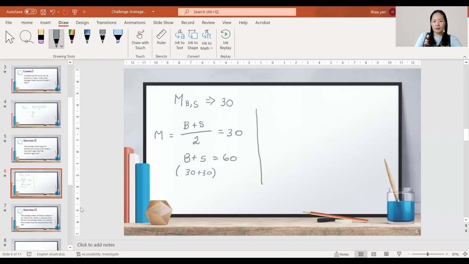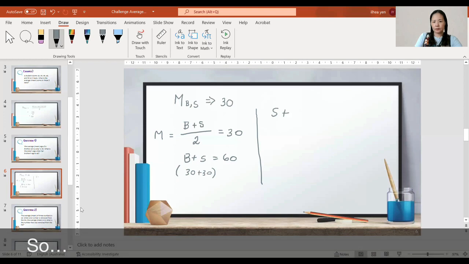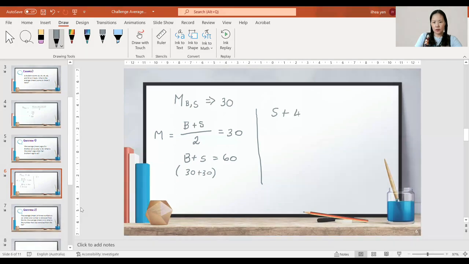So now I need to find the sister's age when brother is 40. Now you have to remember the average does not change. It'll be still 30. And also because average is 30 and doesn't change, the total scores will be the same. Sister's age plus brother's age, which is 40, has to be 60 because that way we will get the average of 30.